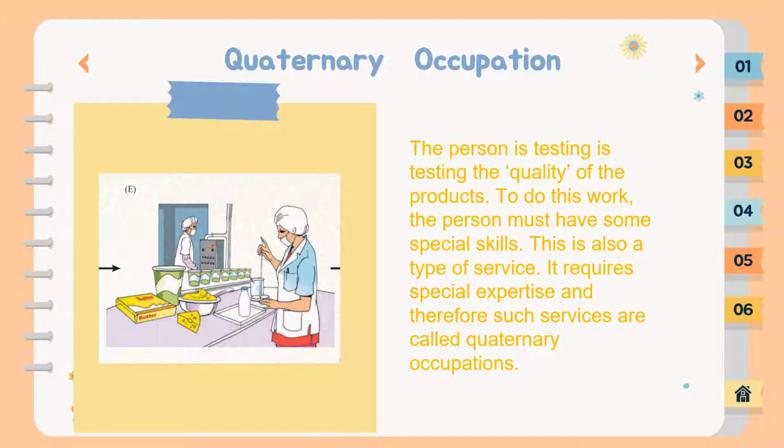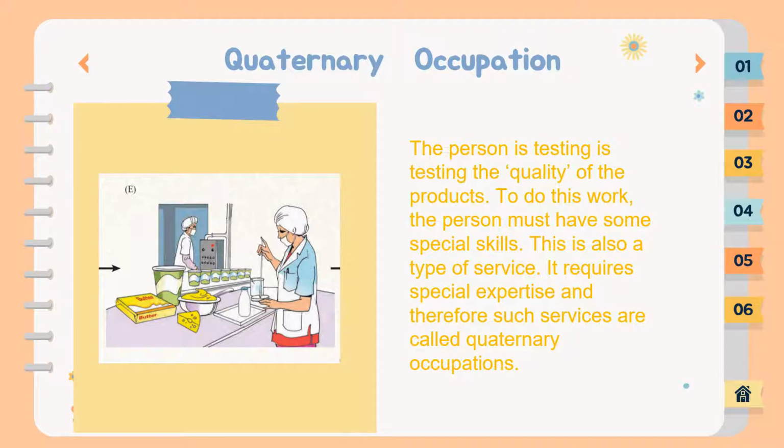To do this work, the person must have some special skills. This is also a type of service, but this service is not an ordinary one. It requires special expertise or special knowledge, and therefore such services are called quaternary occupations.